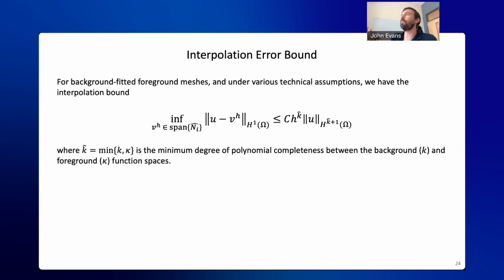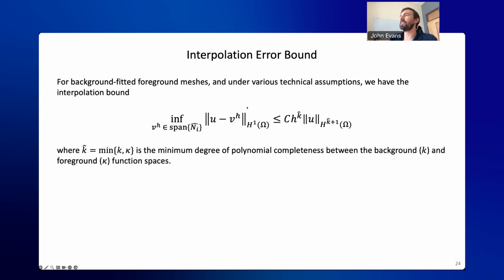And for background fitted foreground meshes and under various technical assumptions, we actually have a best approximation bound. Basically it says the best approximation with respect to our interpolated background space satisfies a usual error estimate.